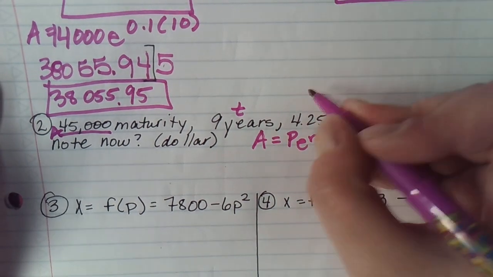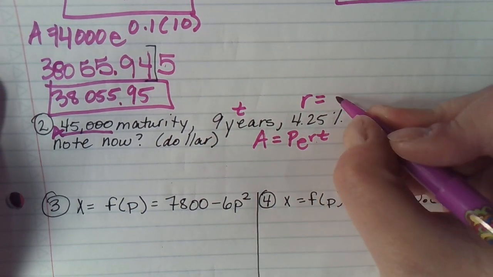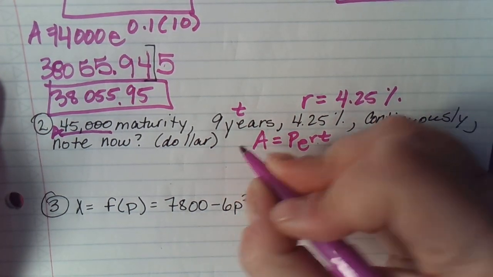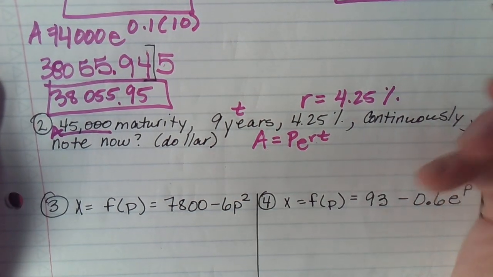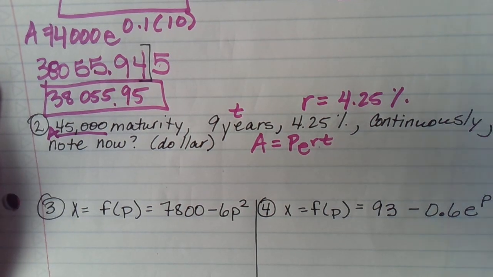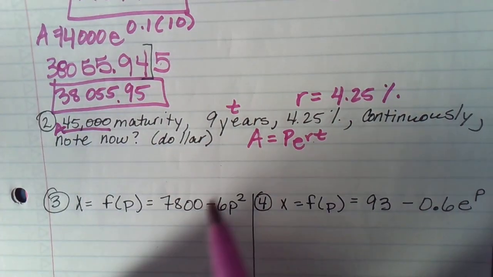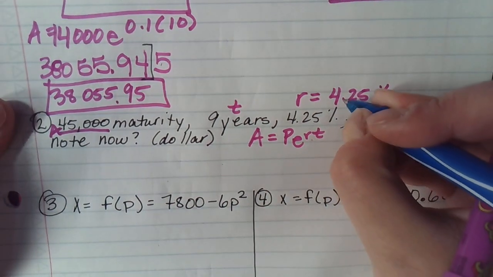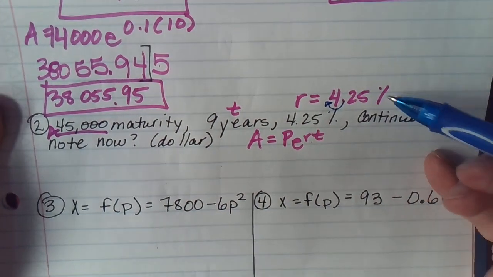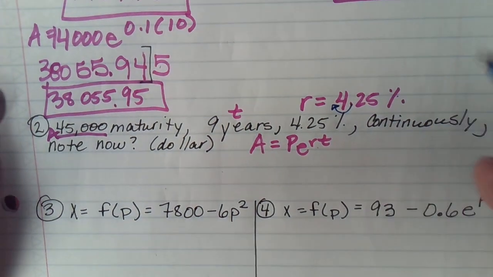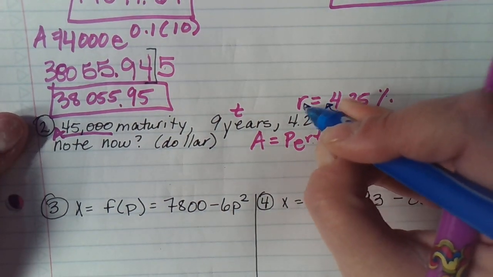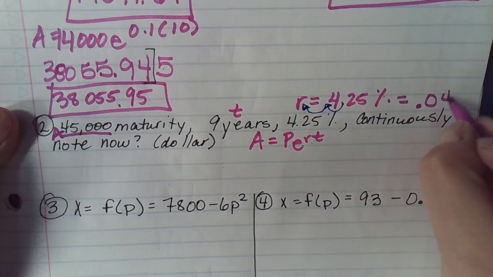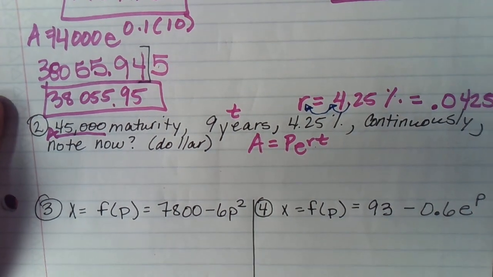The percentage is the R, but we have to move that decimal twice to the left. Because our calculator cannot handle typing in a percentage. Our calculator can handle typing in a decimal. So since this 4.25 has a percent sign on it, we need to take that decimal and move it twice to the left, and it becomes 0.0425.